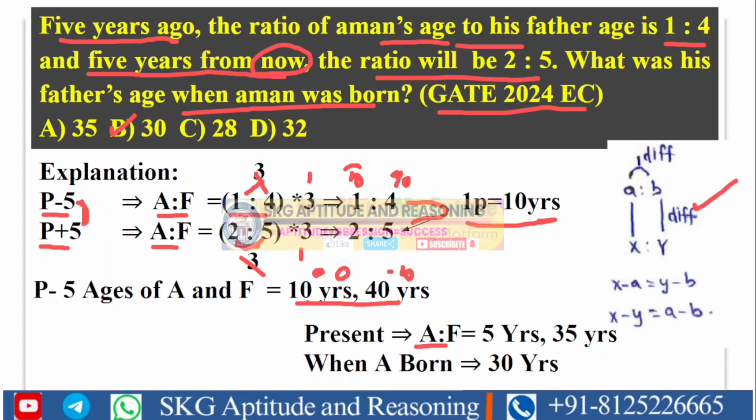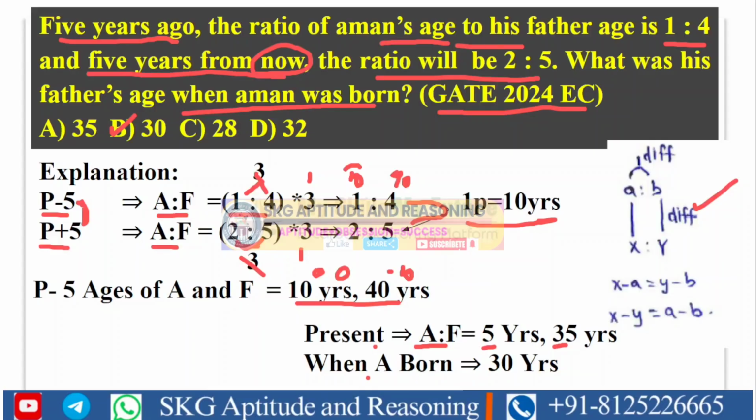So at P minus 5, 5 years ago, their ages are 10 years and 40 years. Now we need to find the present ages. In order to get present ages, I need to add 5, okay, I already took minus 5, so I need to add 5 to both here. So if I come to present, my present age will be 5 years and present age of father will be 35 years.